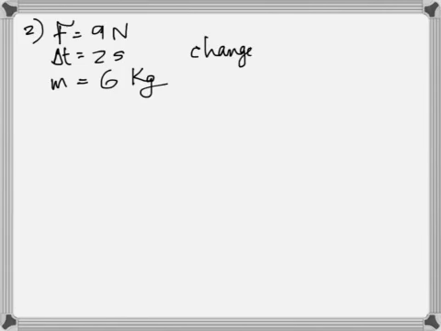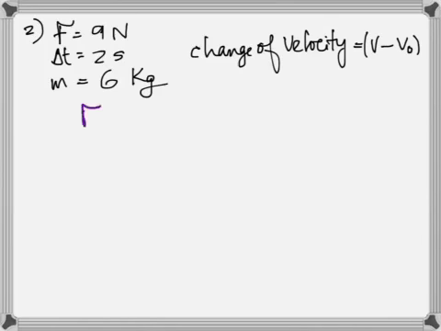In question 2, force is given as 9 newtons. The time is 2 seconds. The mass of the object is 6 kilograms, and you're asked to find the change of velocity, which is v minus v naught. According to the formula, F times delta t is m times (v minus v naught).